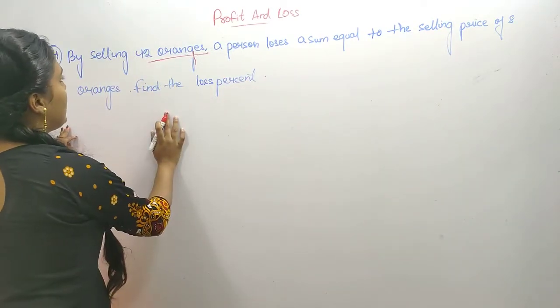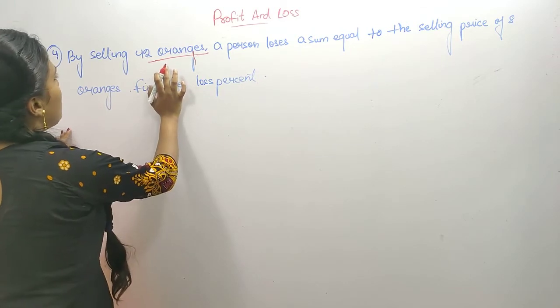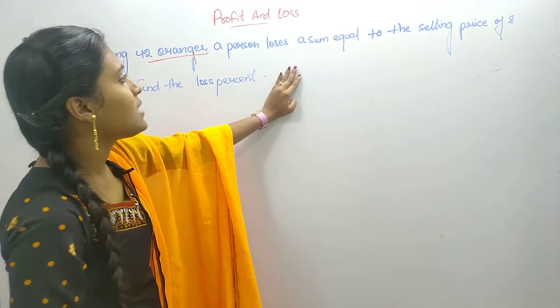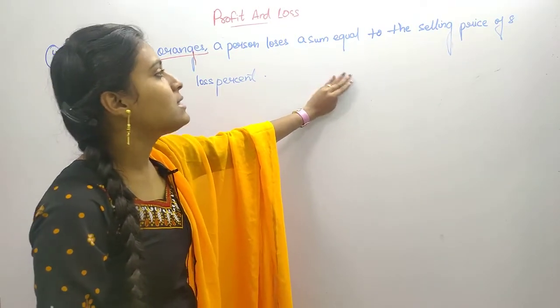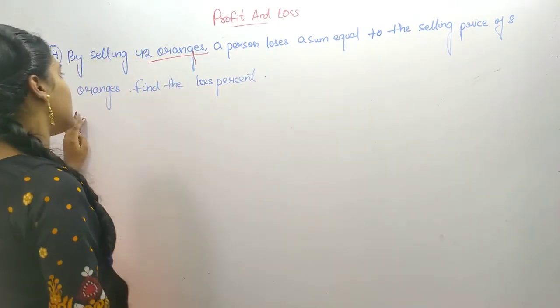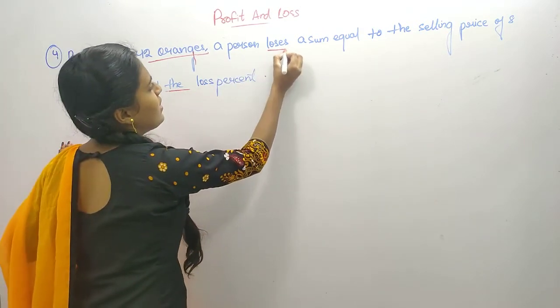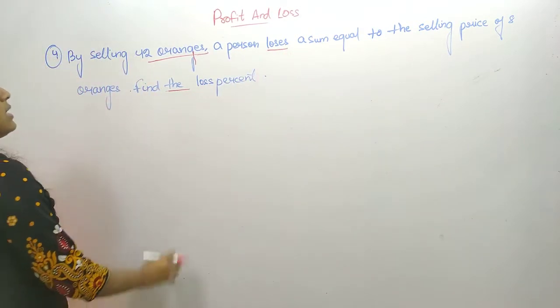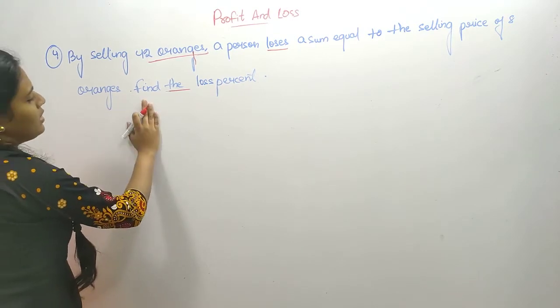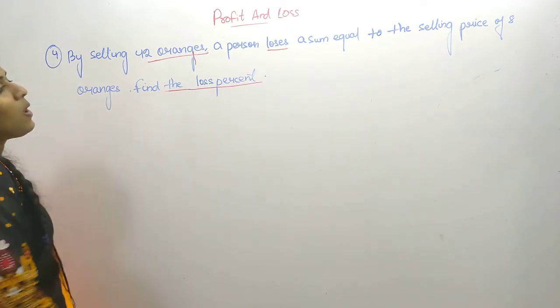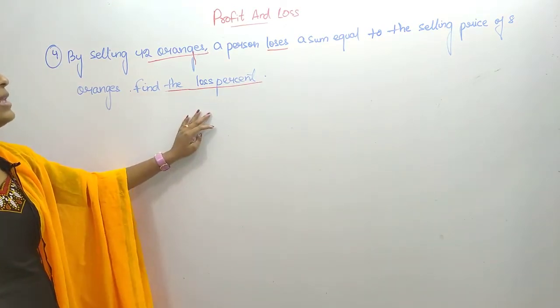When a person sold 42 oranges, he got a loss of a sum equal to the selling price of 8 oranges. Here it is directly given in the question that he got a loss when he sold. And it is also given in the question to find out the loss percent. Okay, we have to find out the loss percent.